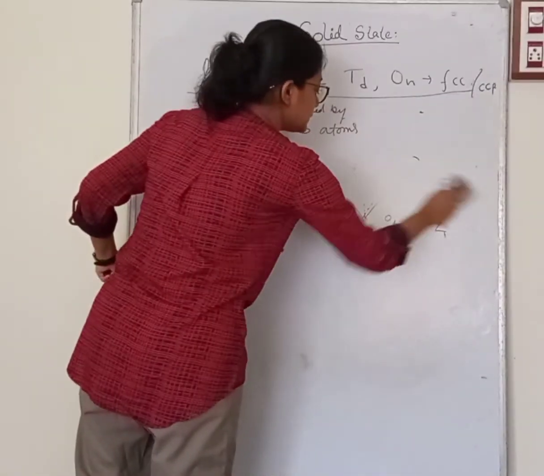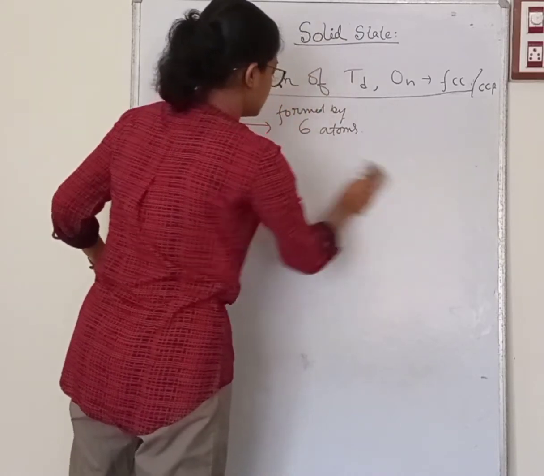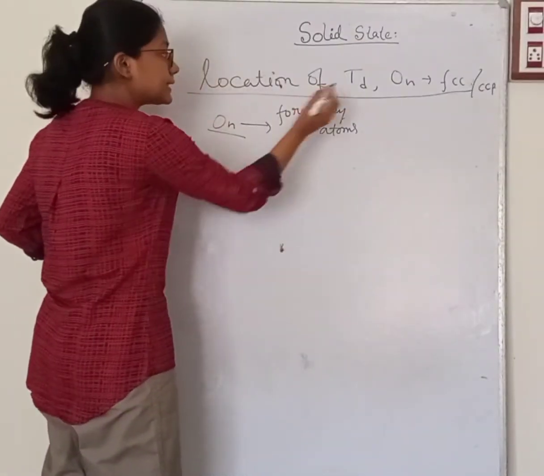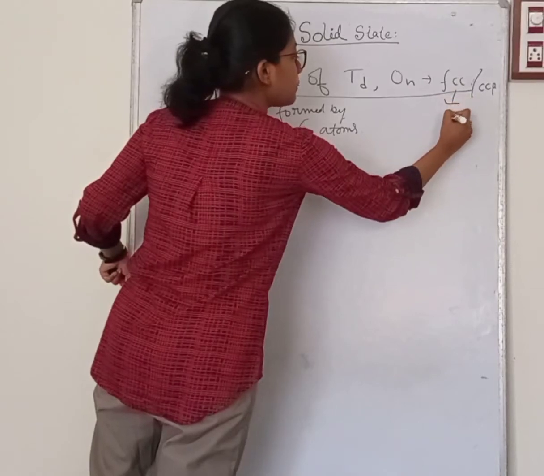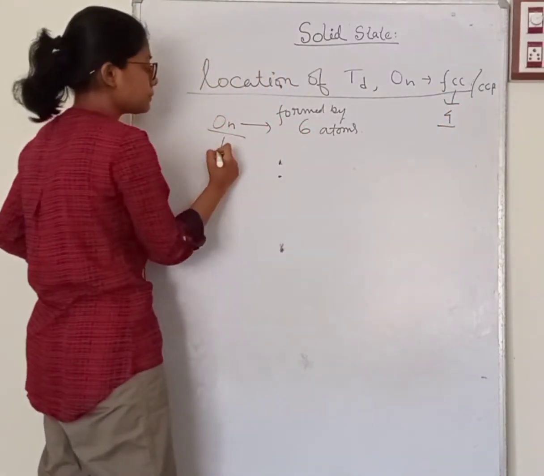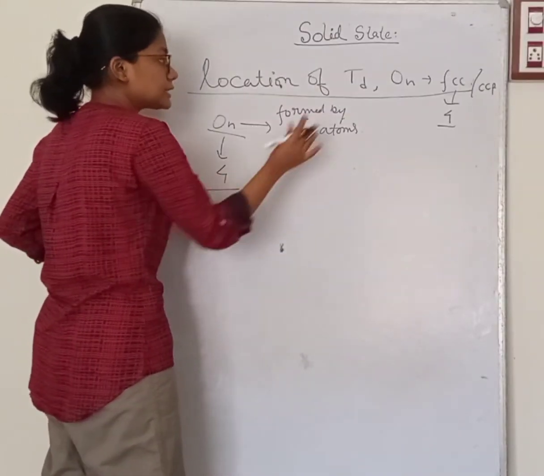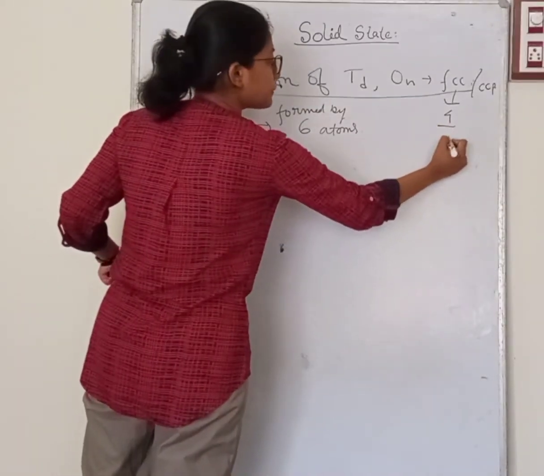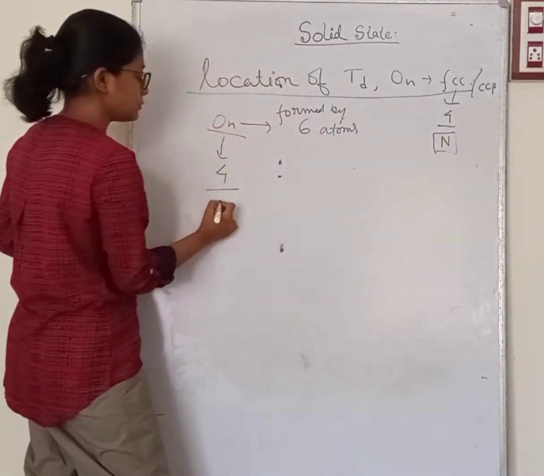So since for FCC the number of atoms per unit cell is 4, there must be 4 octahedral voids. Since the numbers would be the same, n, right?